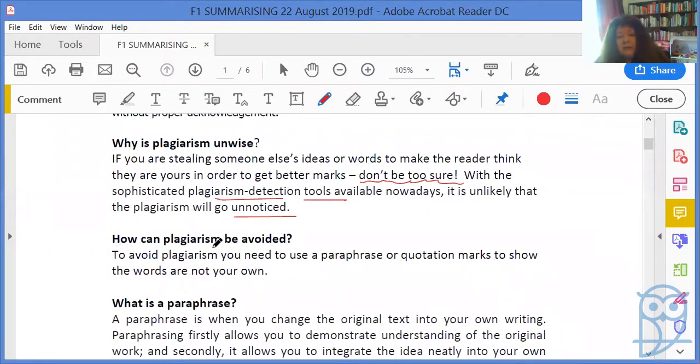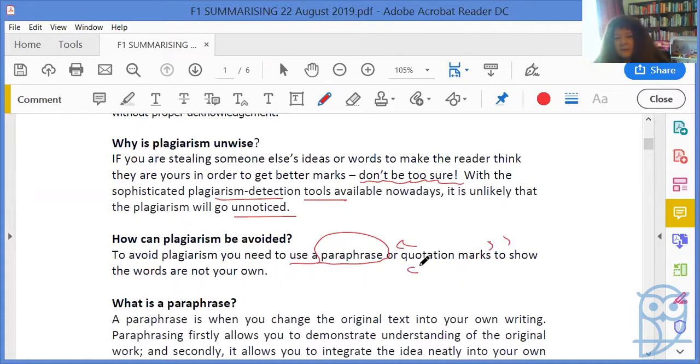How can plagiarism be avoided? How can you avoid doing it? Because you read a lot, you see a lot, and inadvertently, by mistake, you might write down what someone else has said. You can use a paraphrase, or you put something in quotation marks to show the words are not your own.